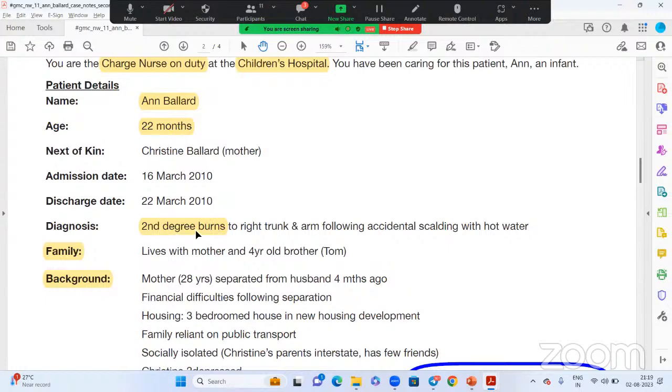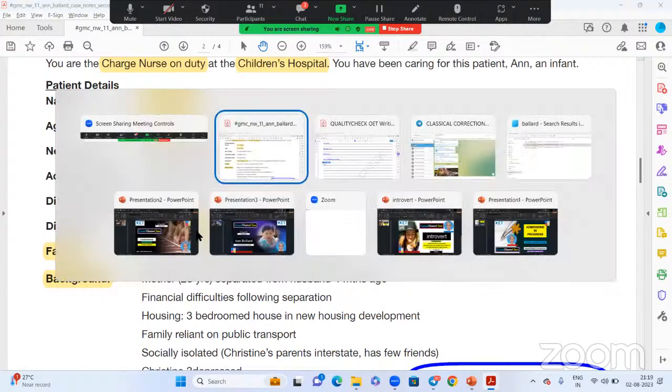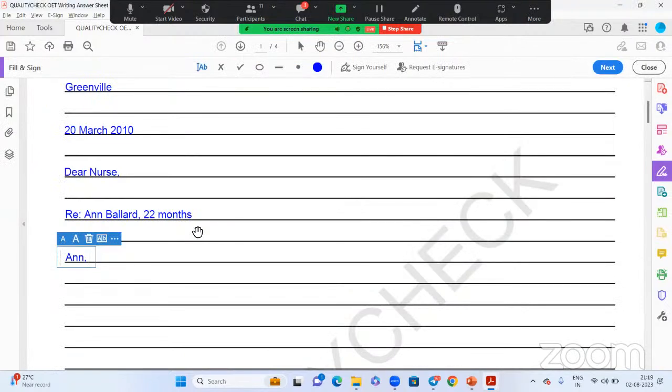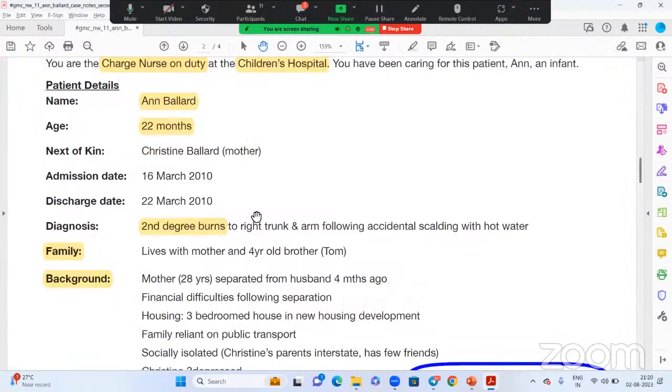This is more important. So you can write like this: and who was diagnosed with second-degree burns. Now you can continue with this full diagnosis. Second-degree burns.